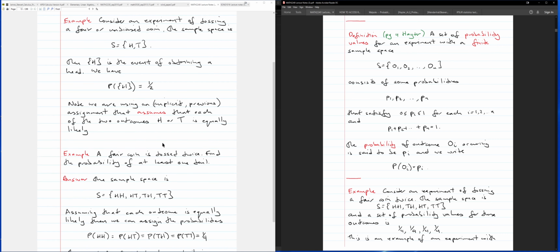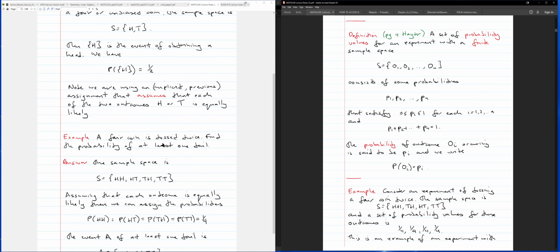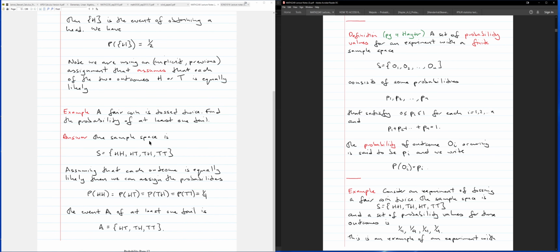Let's do a next example, which is slightly more complicated. We have a fair coin and we flip it twice, and we want the probability of at least one tail. In this case, your sample space consists of 4 elements: head head, head tail, tail head, or tail tail.